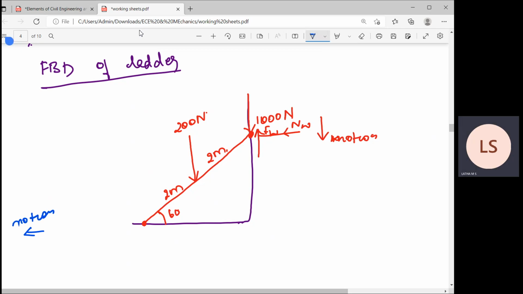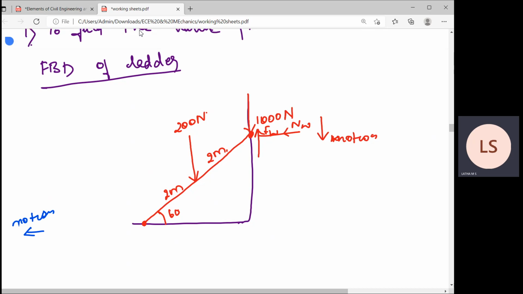Okay, when it slips, you can try at home. Just keep the ladder, see how it slips, it will move in the left direction. So the friction will be in the opposite direction. I call it as F floor or F ground, FG, and the perpendicular normal reaction as NG.